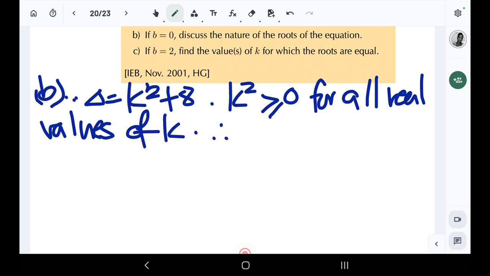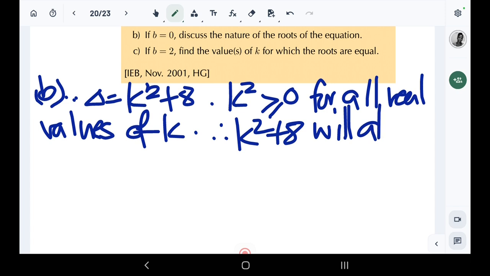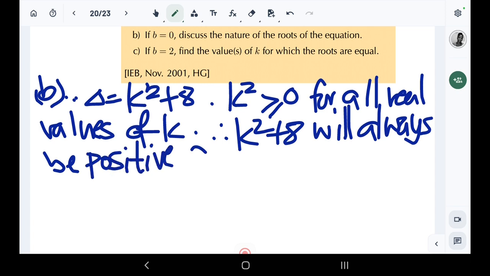Therefore, k squared plus 8 will always be positive for all real values of k.